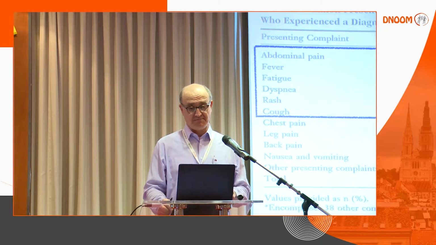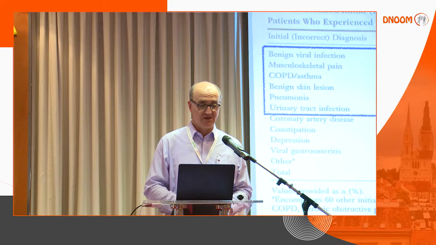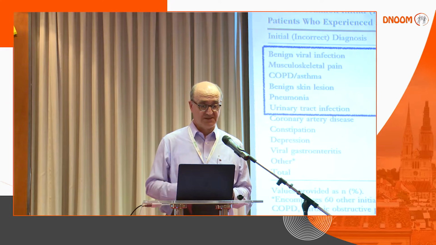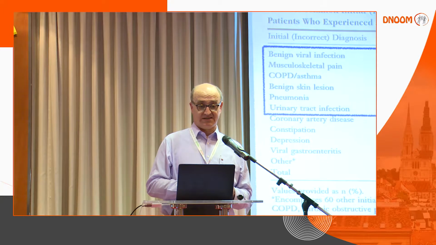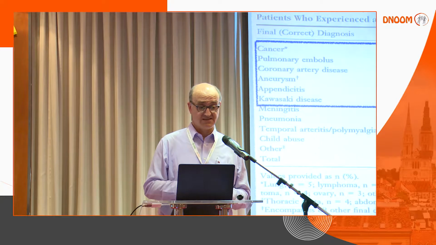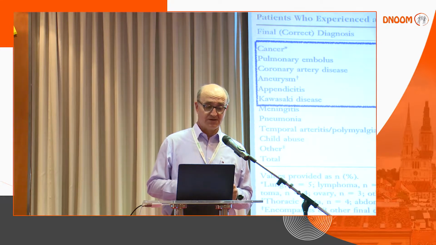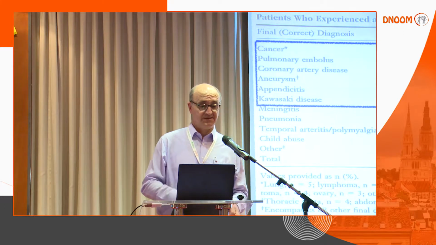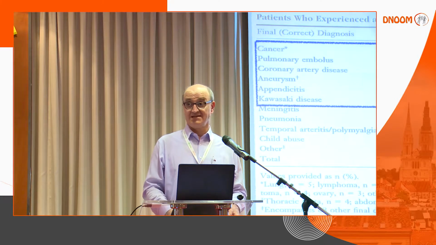For the same sample, if we look at the incorrect diagnosis, we see benign viral infections, musculoskeletal pain, COPD, benign skin lesions, and urinary tract infections. Finally, when we have the precise diagnosis, we have cancer in the first line, pulmonary embolism, coronary artery disease, aneurysms, appendicitis in the 4th line, and Kawasaki disease in the 5th line.